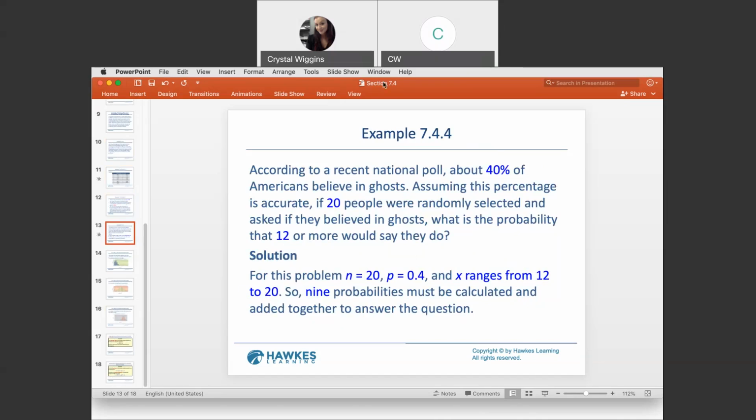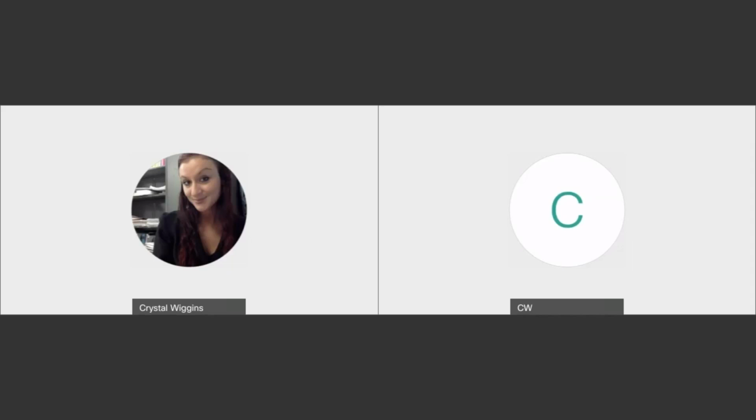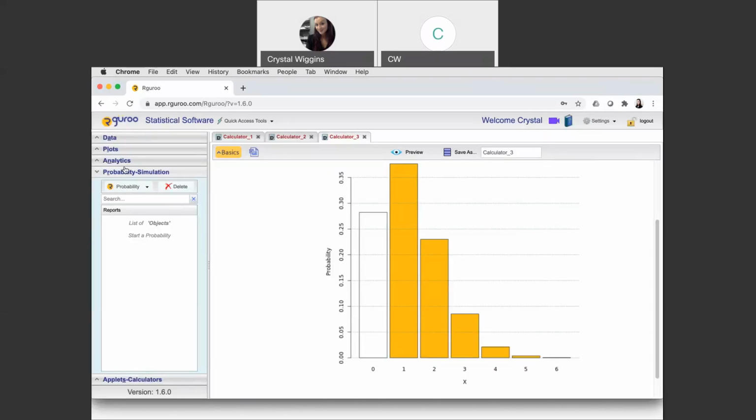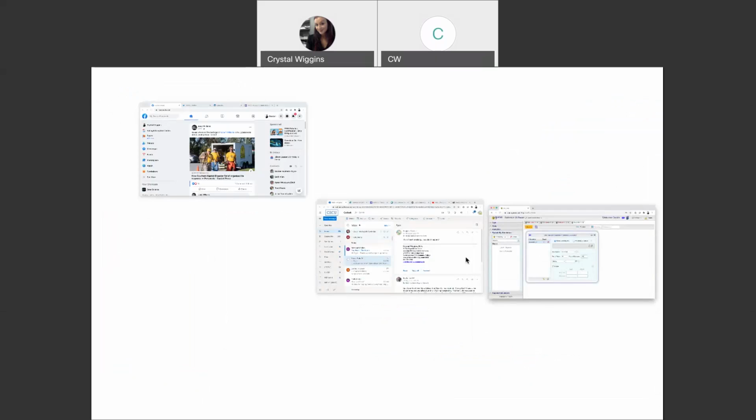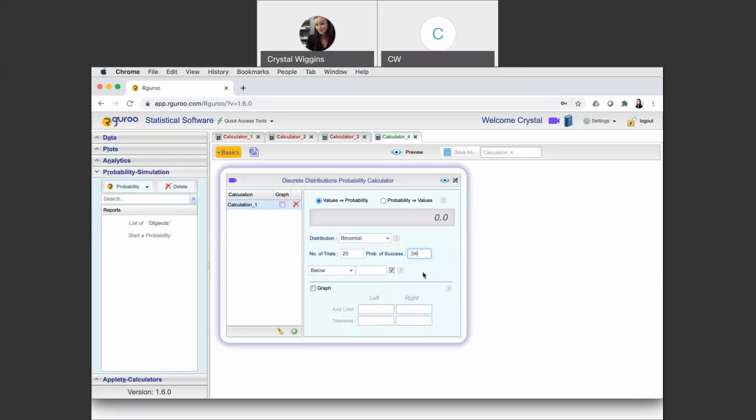Let's calculate this one in our Rguroo screen again. So we have 20, 0.4, and 12 or more. So I'm going to start a new probability calculator. There were 20 trials with a probability of success of 4, I believe. Yes. No, 40. My bad. 40, not 4.